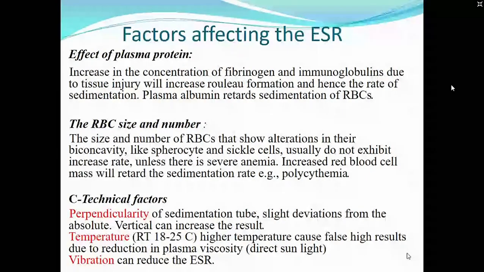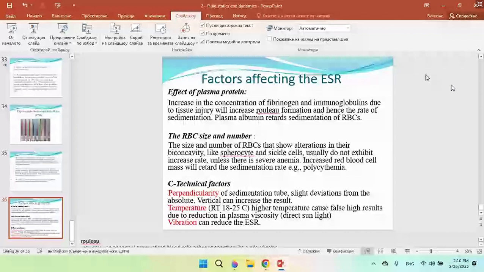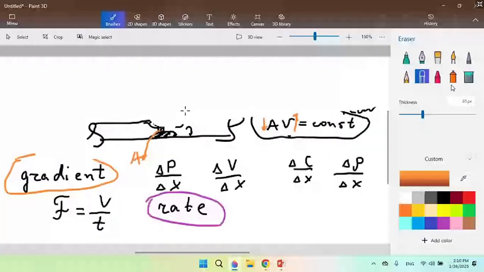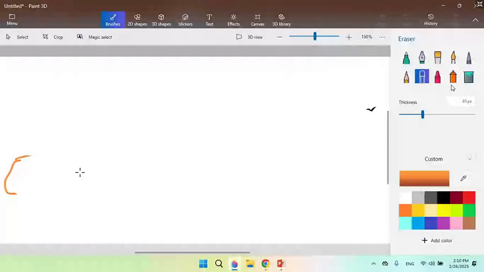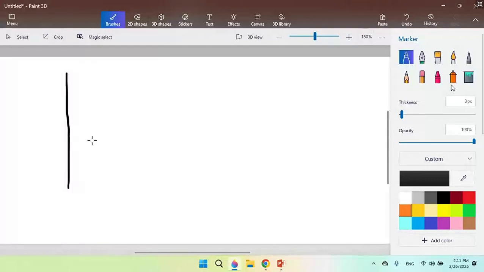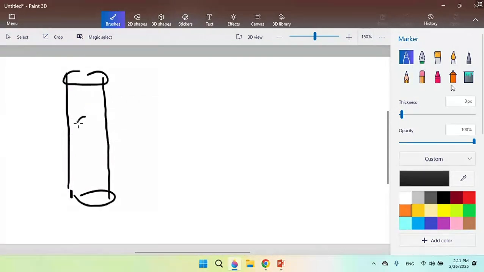So let me switch on the board, and so we've got blood being allowed to fall in response to gravity, which means that if this is a tube, a vertical one, I'm going to consider just a single erythrocyte. Let us consider its shape spherical.